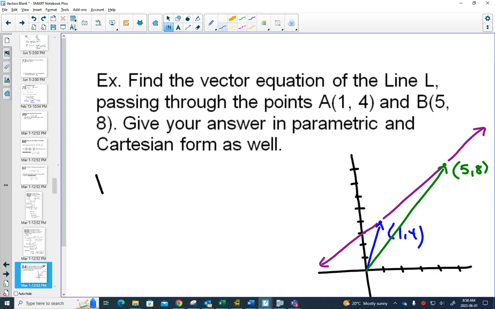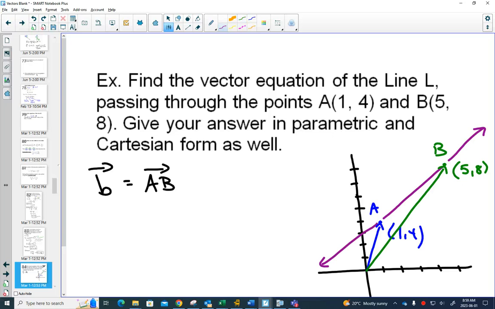Does it make sense that if you wanted to get your direction vector, if you're starting at point A and going to point B, your direction vector is going to be A to B. Now, how do you get from A to B?